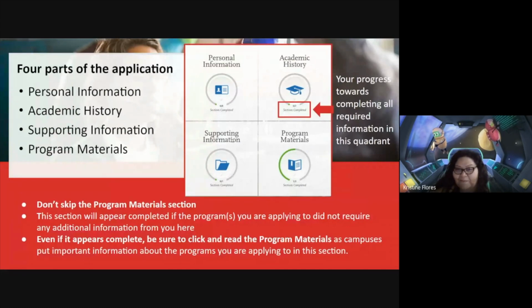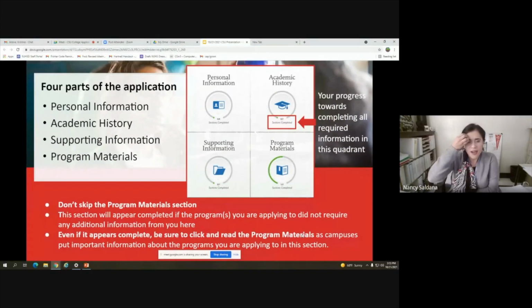Here we go with Ms. Saldaña for the next part. Once you are ready to start your application, this application has 4 parts. The first one you will complete is your personal information. Then you'll move on to the academic history, the supporting information, and the last part is the program materials.